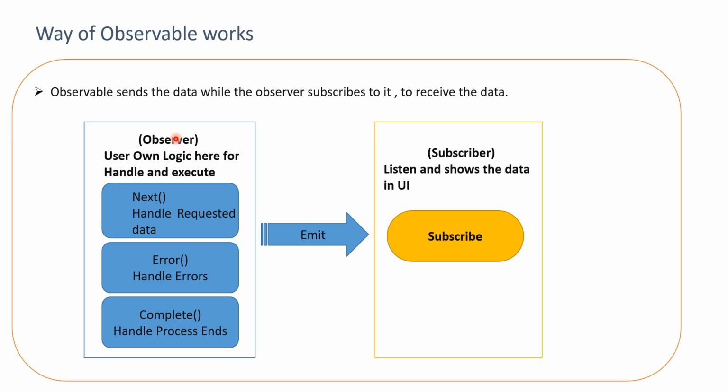So you can do these kinds of operations: next operation, error operation, and complete operation. Internally it handles the data packages, you could say. In the observer, the user has their own logic for handling and executing the data.